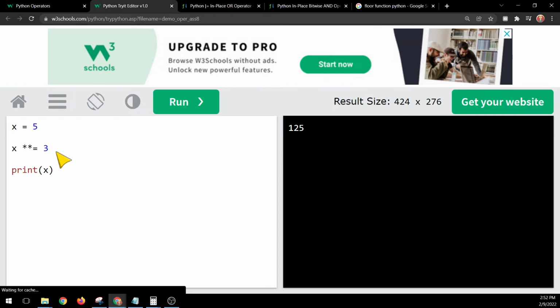This is the same as saying x equals x to the power of 3. So 5 times 5 would be 25, and then 25 times 5 would give you 125. So that's why you get 125.